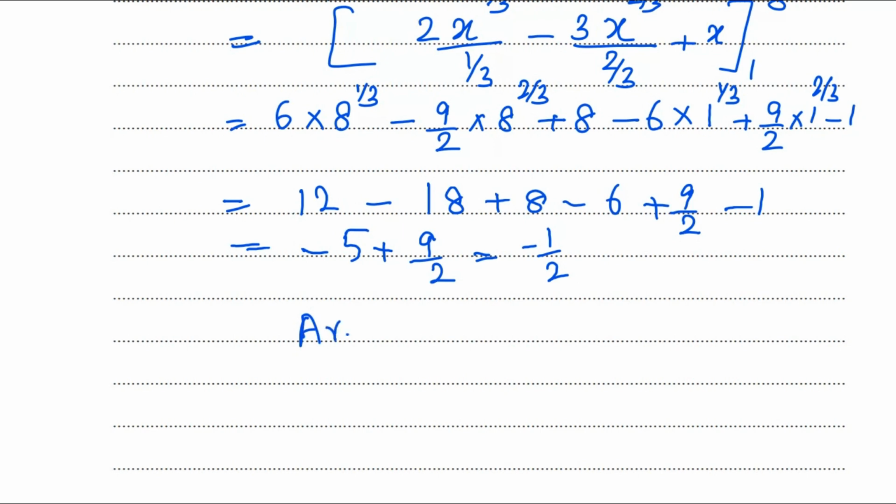So the area, we are getting it as negative 1 over 2. Area cannot be negative, so we have to write area as 0.5, or you can write 1 over 2 also.